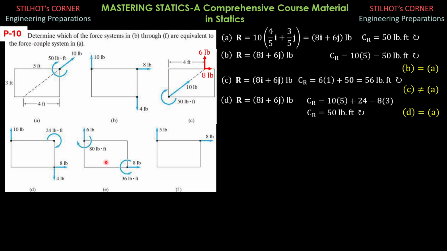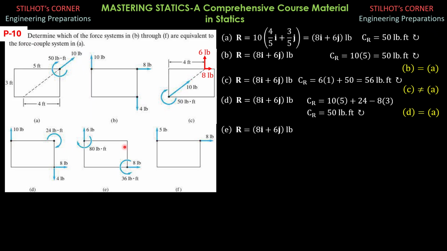Then E, this is E. The resultant is 8i plus 6j. So it's the same, but the moment here is 36 minus 80, then minus 6 times 5. So R is the same, 8i plus 6j pounds.